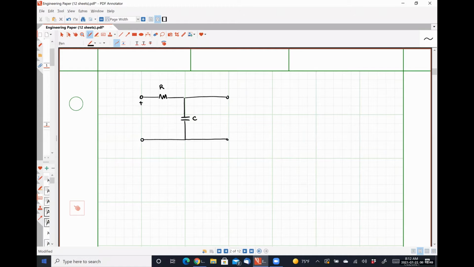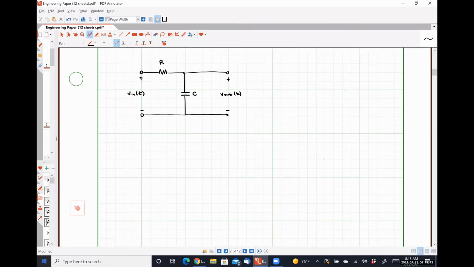And I apply a time domain signal, Vin of t, at the left-hand side or the input, and I measure a time domain signal, Vout of t, on the right-hand side or the output.